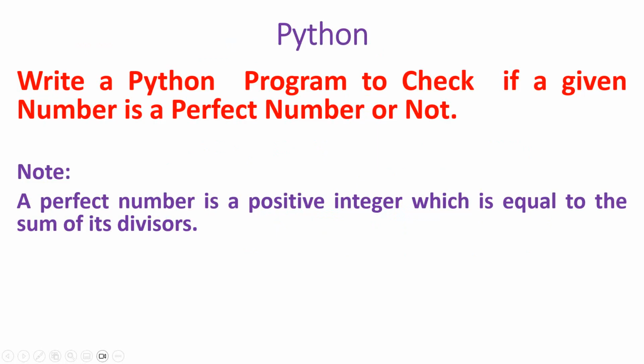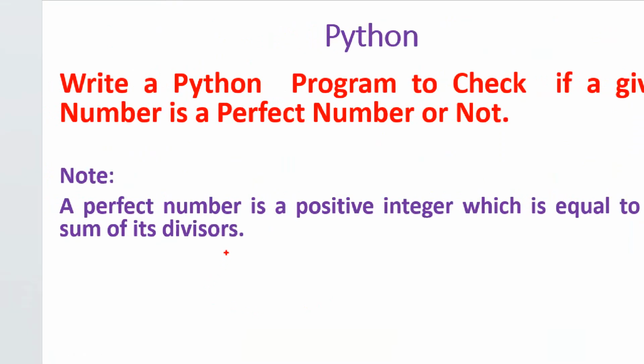Hello friends, we are going to write a Python program to check if a given number is a perfect number or not. A perfect number is a positive integer which is equal to the sum of its divisors.